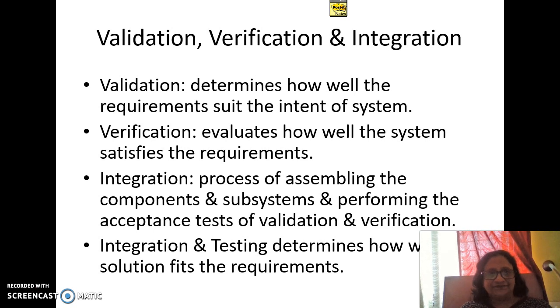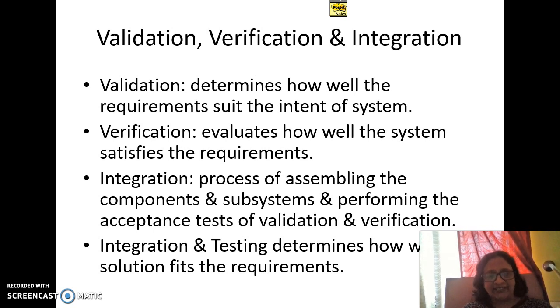After the design is tested, the next steps are validation, verification, and integration. Naturally, validation determines how well the requirements suit the intention of the system. Verification evaluates how well the system satisfies all the requirements.